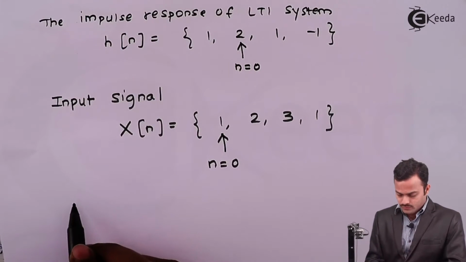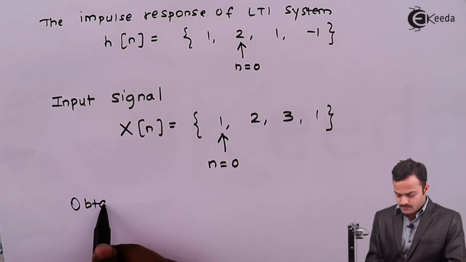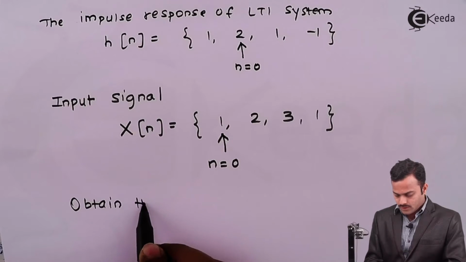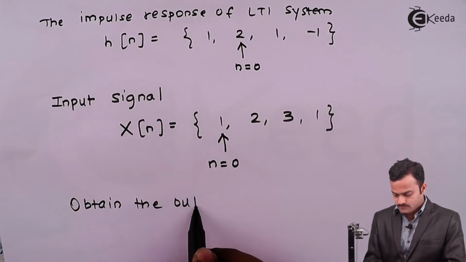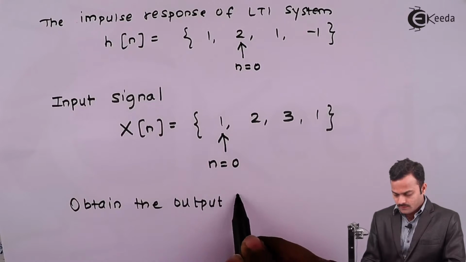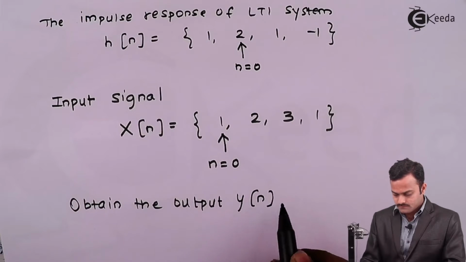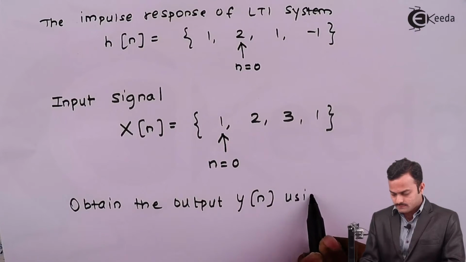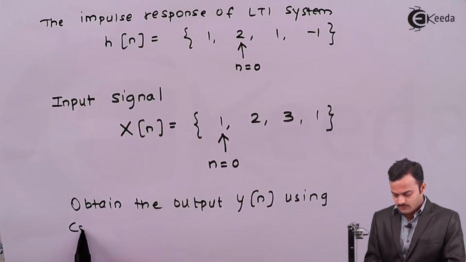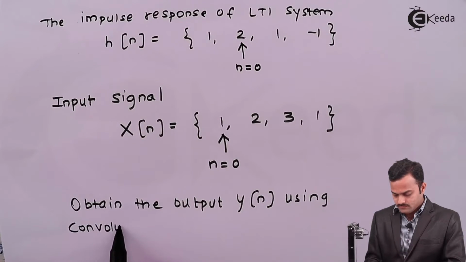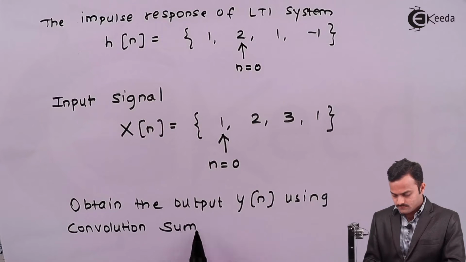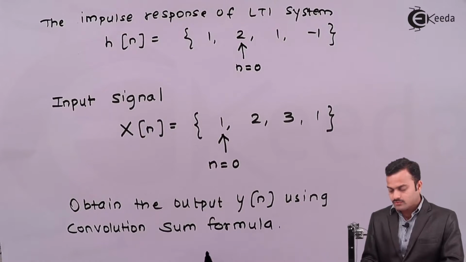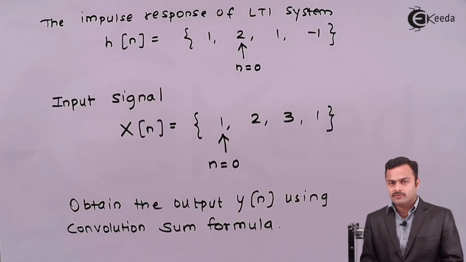And now what we need to do is obtain the output y of n using the convolution sum formula. So what we will do, we will find out y of n, and by the tabular method we will verify as well.